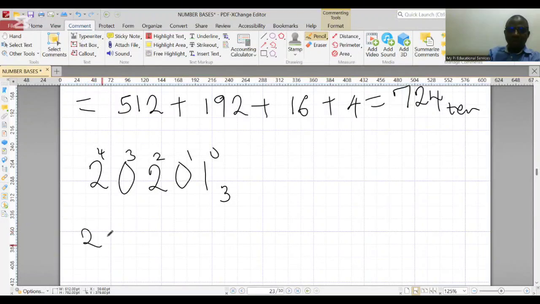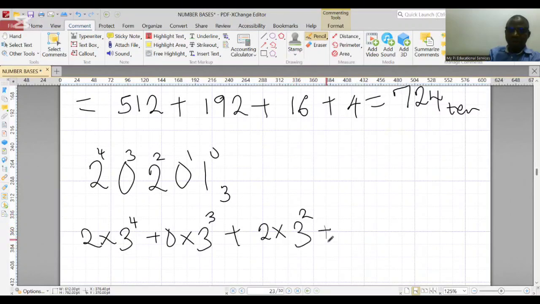First, we have 2 multiplied by 3 raised to the power of 4, plus 0 multiplied by 3 raised to the power of 3, plus 2 multiplied by 3 raised to the power of 2, plus 0 multiplied by 3 raised to the power of 1, plus 1 multiplied by 3 raised to the power of 0.